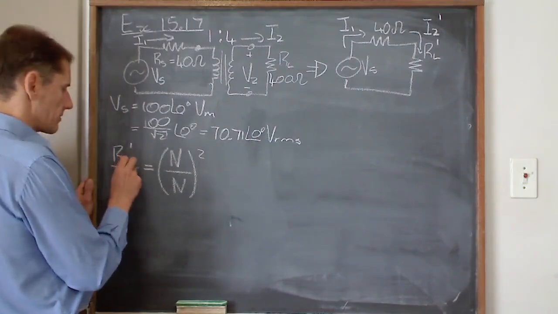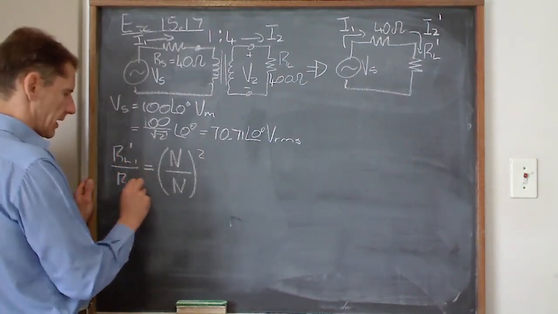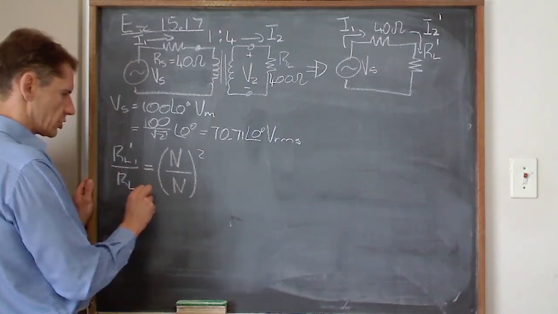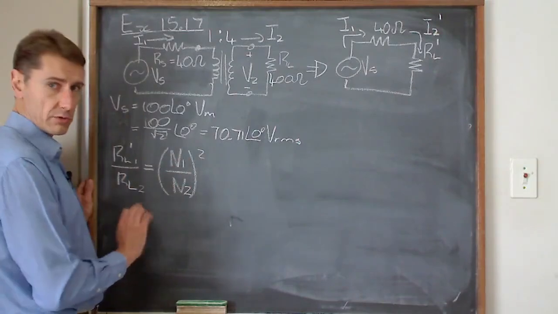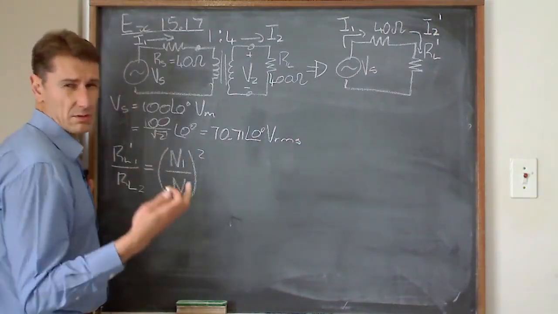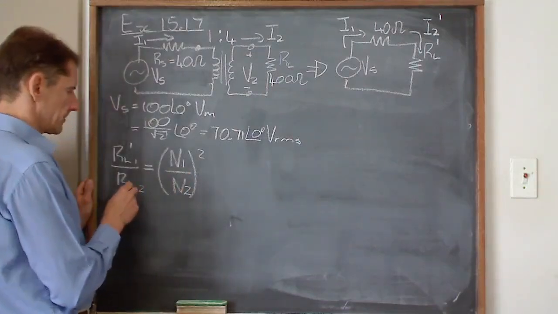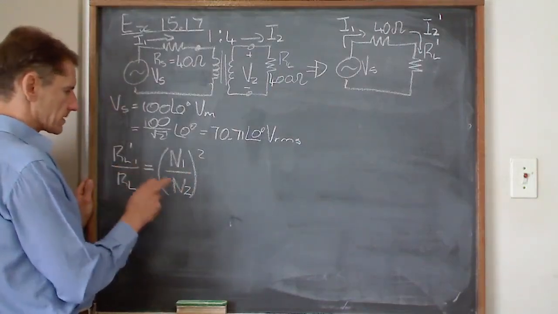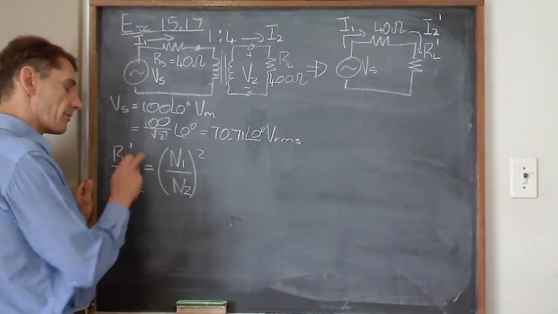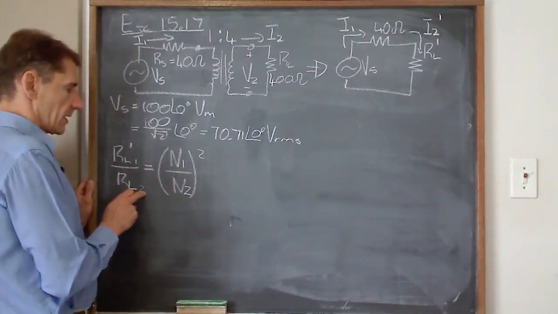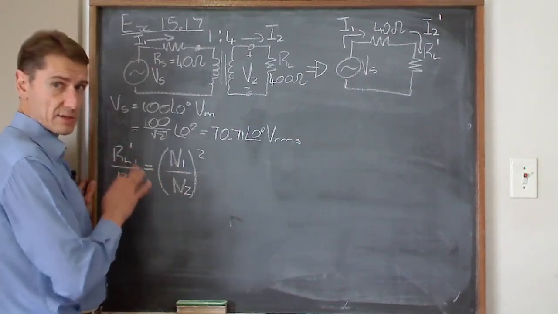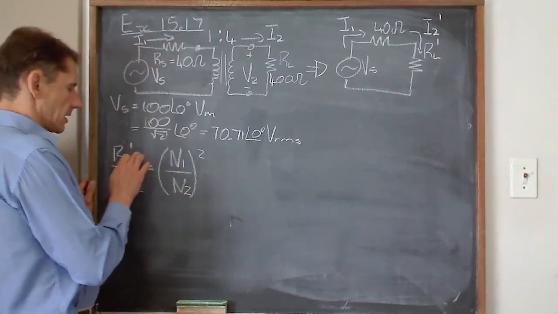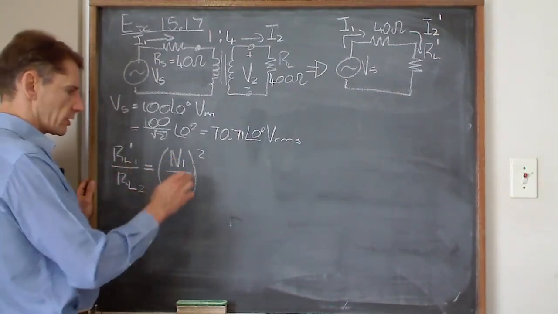The prime is my number 1 and the original load is number 2, so N1 over N2. But you've got your textbook, so you're not worried. If you refer impedances, and the examples that I told you to go and look at, it's got Z's, not just R. So if it's 1, 2, it's 1, 2.